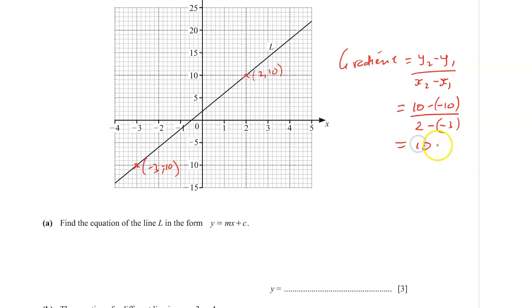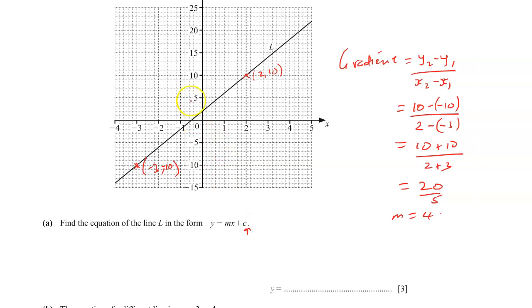This is 10 plus 10 upon 2 plus 3. This gives us 20 over 5. Gradient is 4. So m is 4.